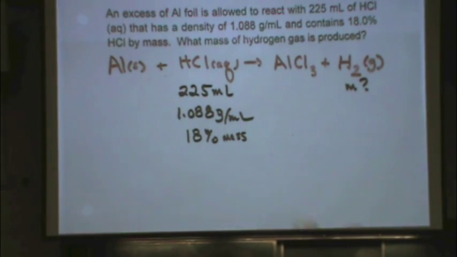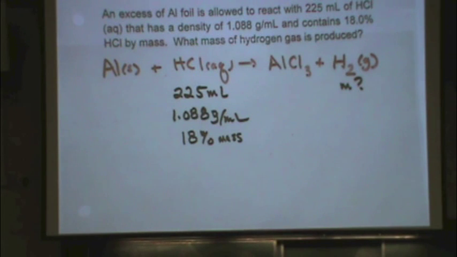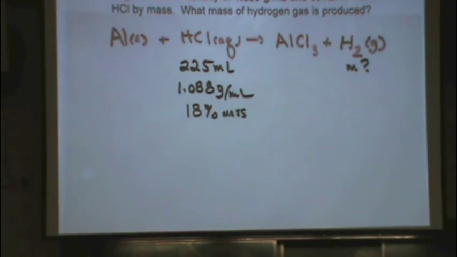Okay, this information looks a little weird, but when it comes in that combination, there's only really one way to deal with it, and that is to use this information to find the mass of HCl, and then when you get to mass, you can continue to go to moles. So let me show you how I would do this. I get a different color pen now.